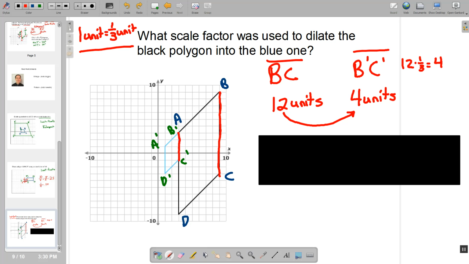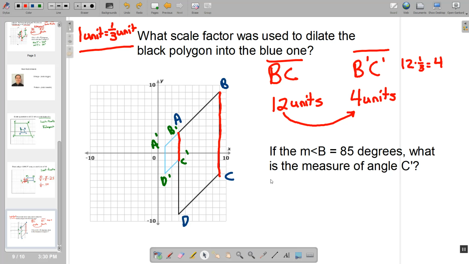So now let's do some angle measurements here like last time. If the measure of angle B, that's right up here, is 85 degrees, what is the measure of angle C prime? So that's right down here. I know that if B is 85, B prime has to also be 85. And like last time, these angles must be a linear pair, equal to 180.